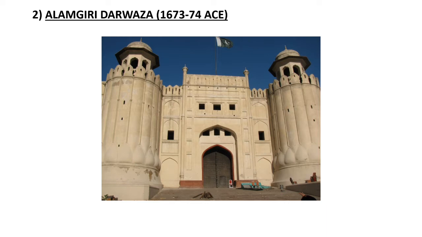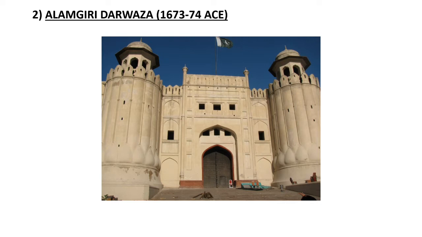However, this was constructed in the time of the last great Mughal emperor Aurangzeb Alamgir during 1673-74, and as you can see, the monumental archway is encased by the outer one, and inside there are machicolation holes through which, in case of any invasion, if the wooden doorway was set on fire, water was thrown to protect the gateway.